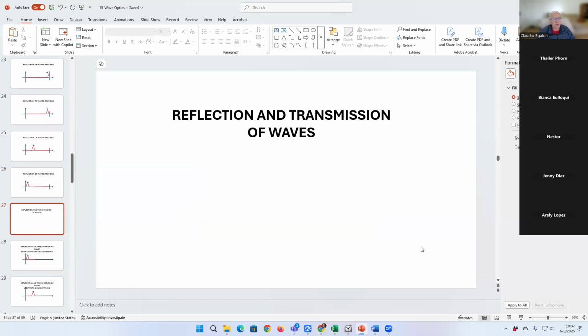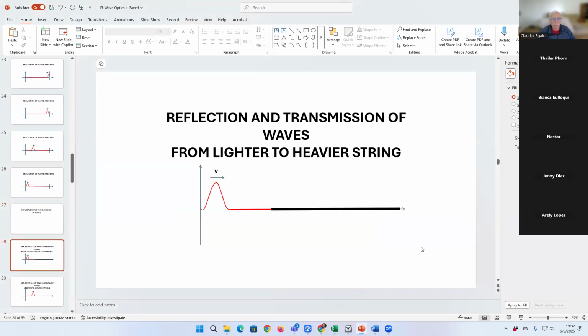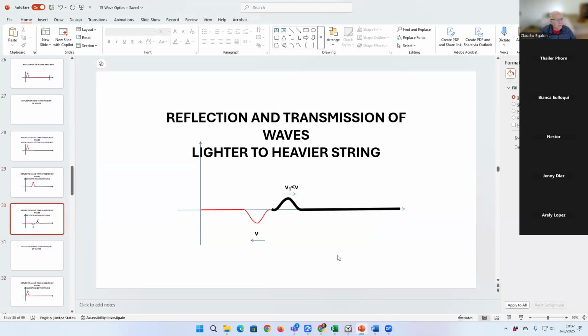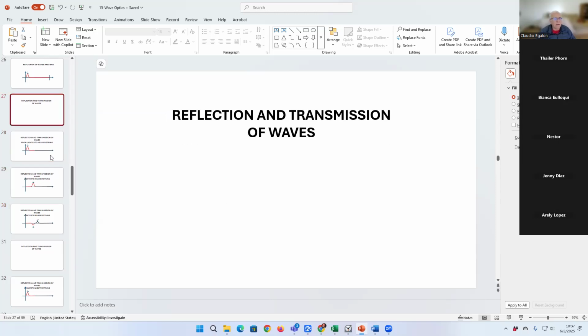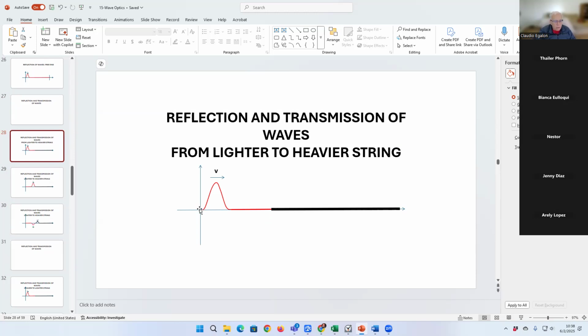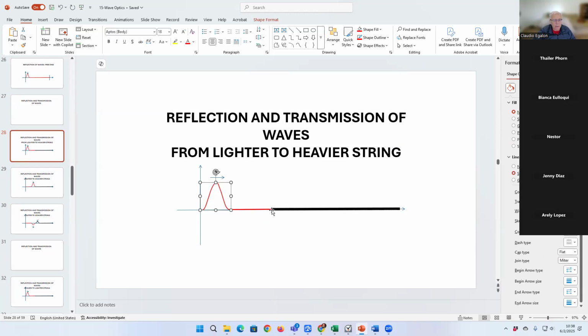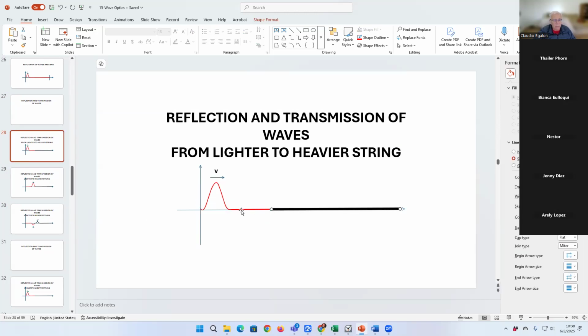And then you have the other two cases. Reflection and transmission of waves, from a lighter string to a heavier string. This string here is thinner than this other string here, so this string is heavier than the other. The density of this string is higher than the density of the other. And then what's going to happen to our wave?